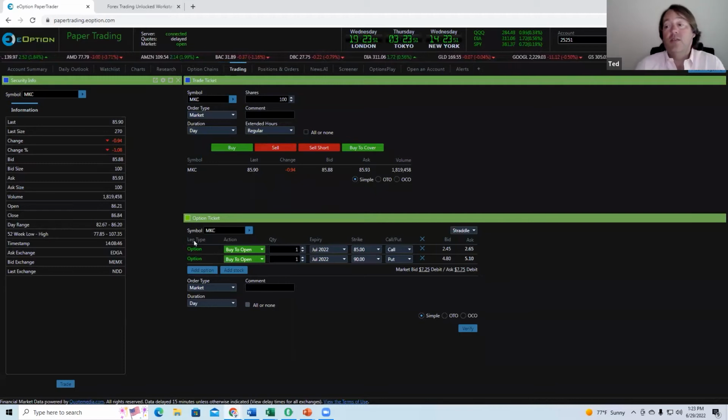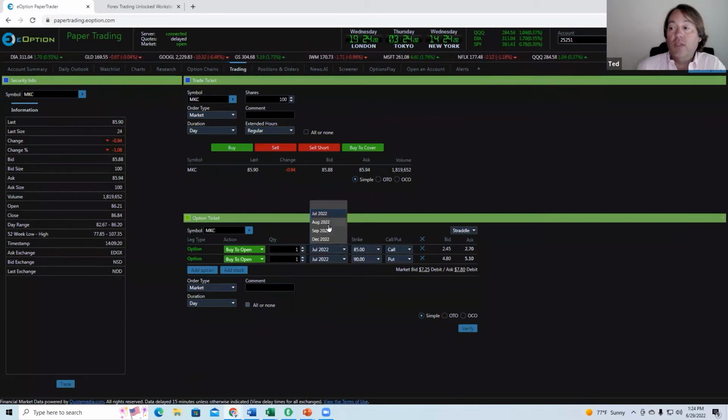So now when you put on a straddle, you're buying to open both contracts. And you are buying a put and a call at the same strike price with the same expiration value. So you can see that it's already lined it up. Remember how when I showed you the covered call position, when we started to enter it, we had to enter the expiration month, we had to enter the strike price, we had to enter the put value.